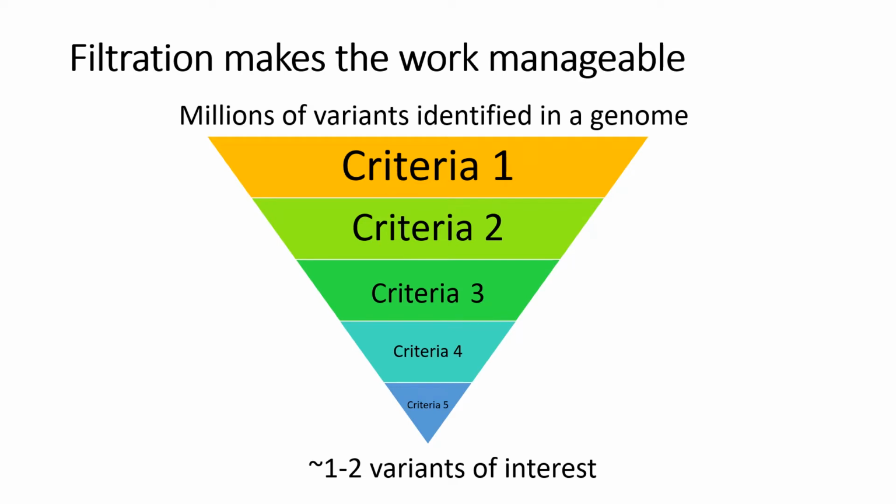It's the process by which an analyst will apply a series of criteria to narrow the scope of variants requiring manual review. These might be things like population frequency cutoffs, inheritance patterns, specific variant impacts, that ultimately allow the analyst to narrow down to, on average, the 1 or 2 variants that might be of interest to the patient under analysis.